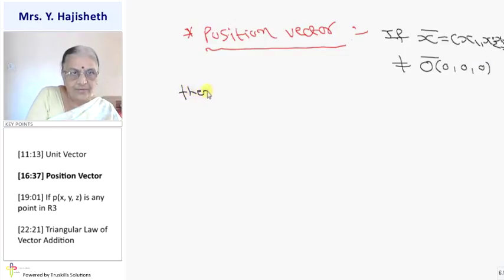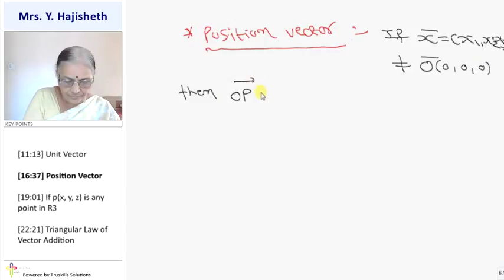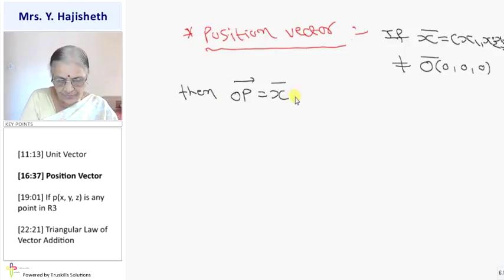Then vector OP is vector x. x can be written as OP and that is (x1, x2, x3).